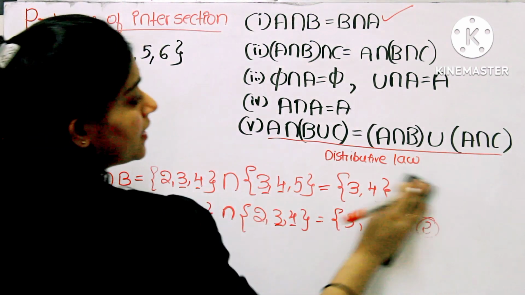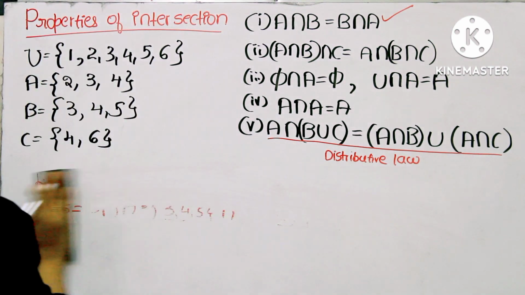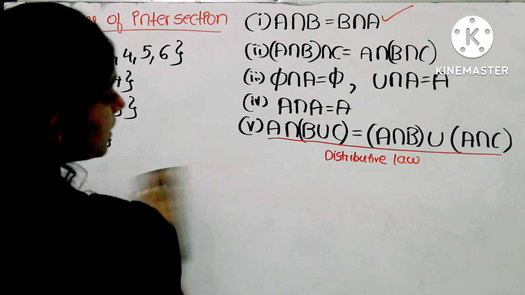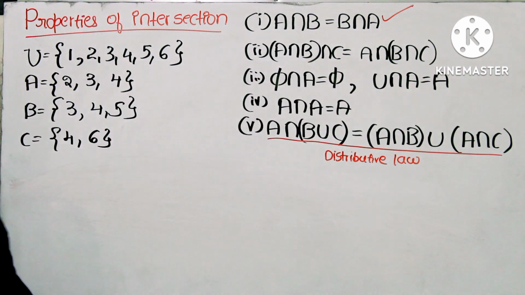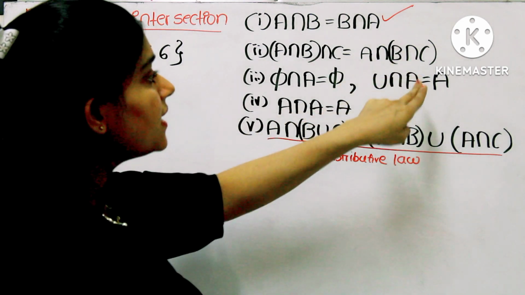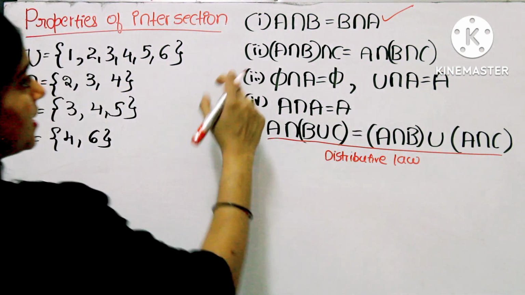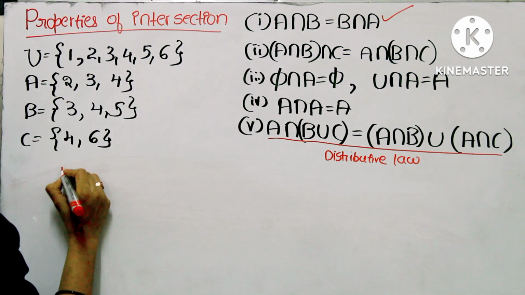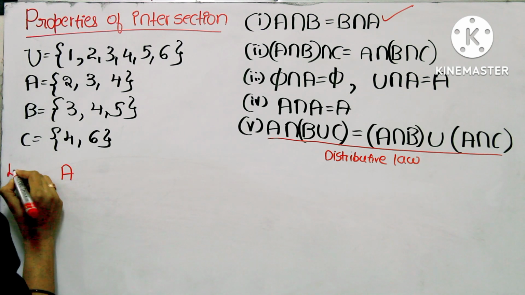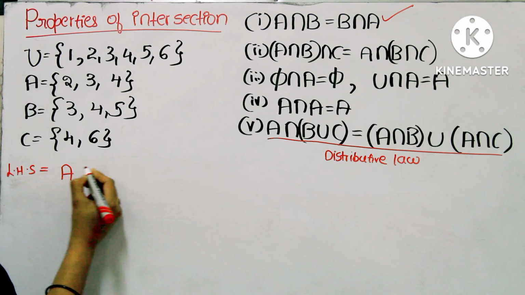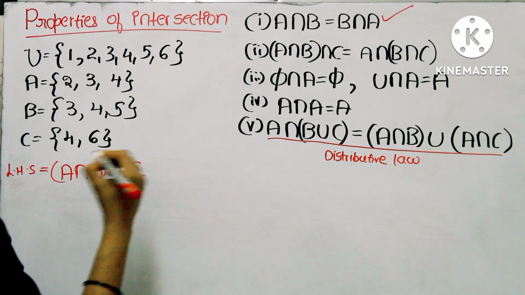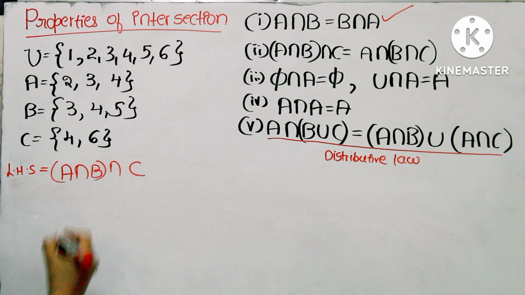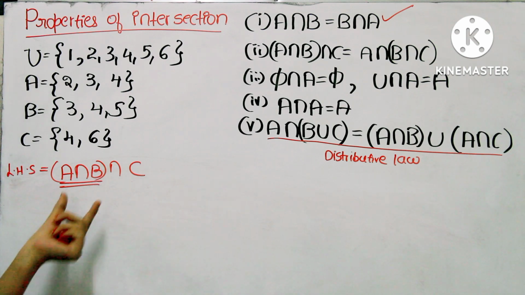So in intersection, the commutative property holds, correct? Next, the second one: (A intersection B) intersection C is equal to A intersection (B intersection C). Now let's take LHS: (A intersection B) intersection C. To prove this, we have to solve the bracket first.